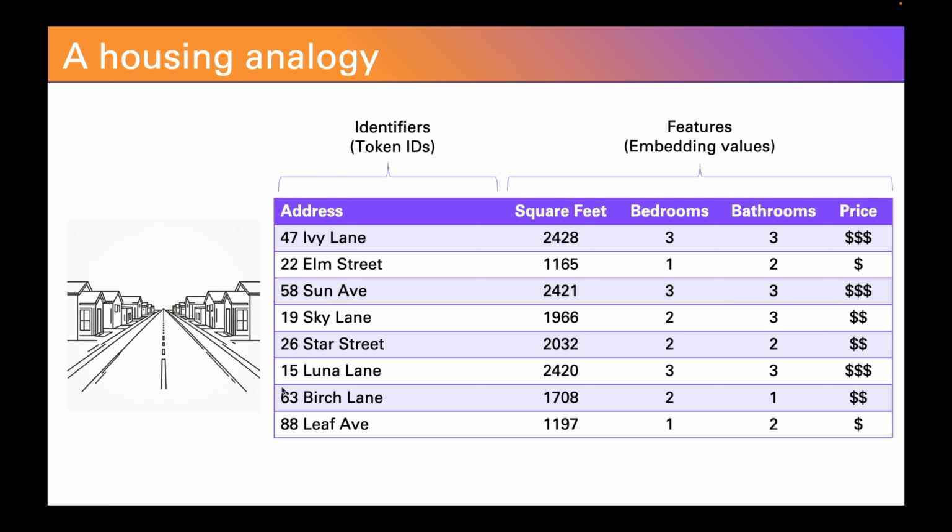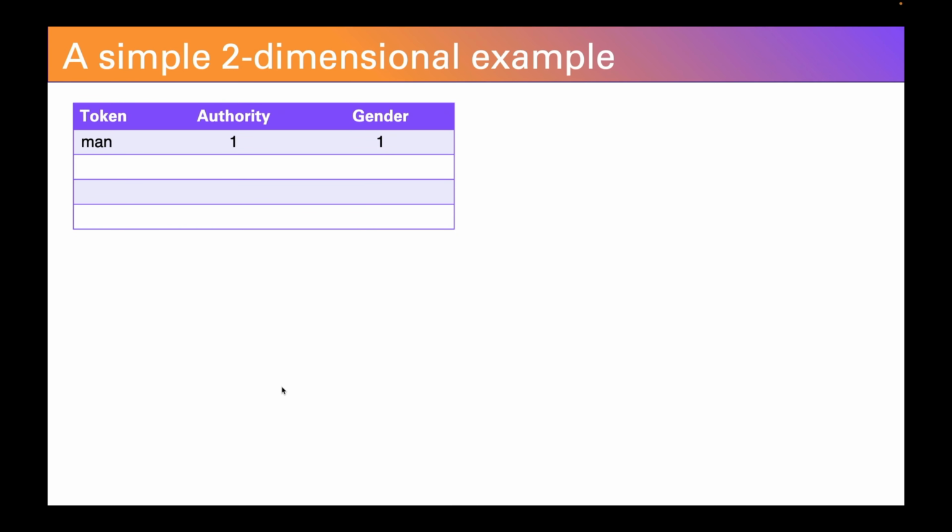The difference between just plain tabular data like this and an embedding is that in an embedding, there's a mathematical relationship between each of these rows and where they sit inside the embedding space. Let's use a simple two-dimensional example. So suppose we take the token man, and we're going to have a two-dimensional embedding where one dimension is authority, and the other dimension represents gender.